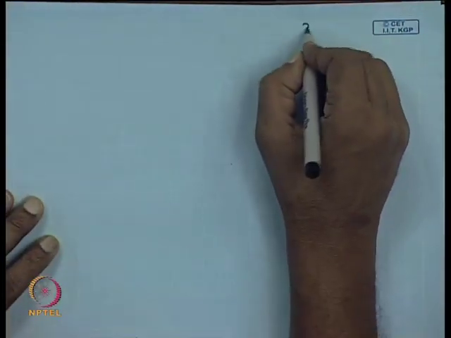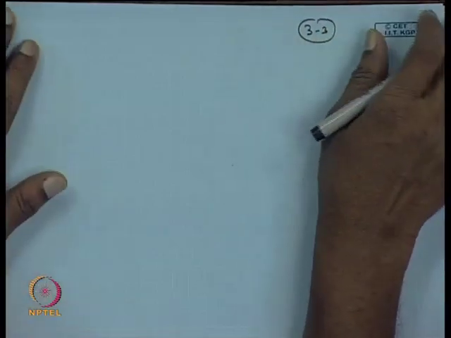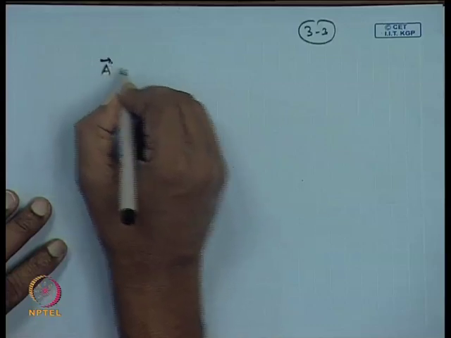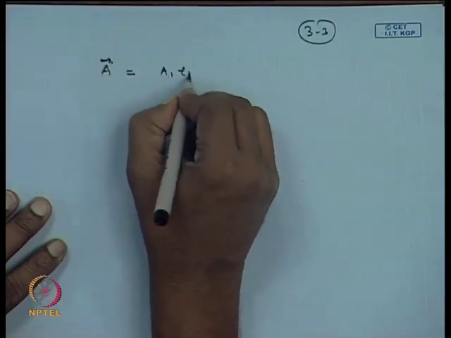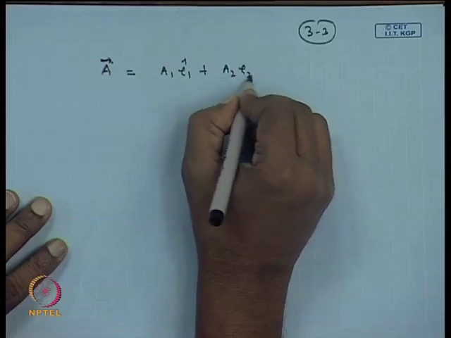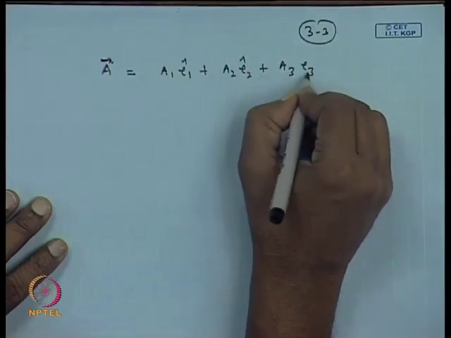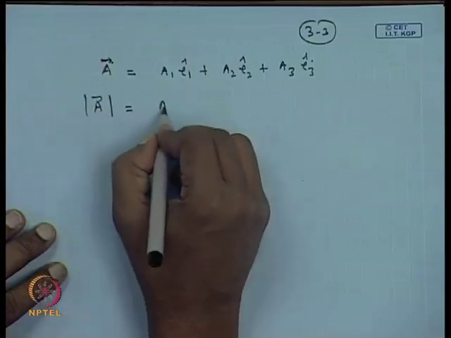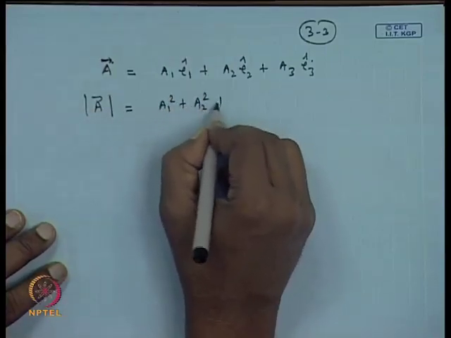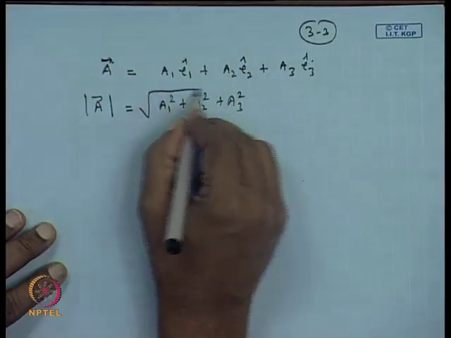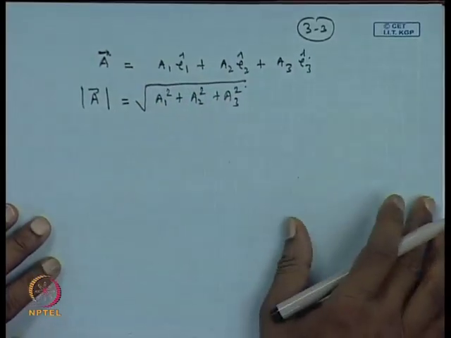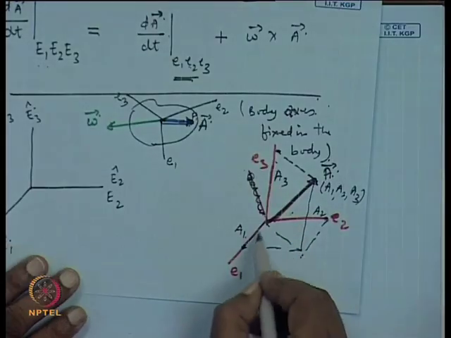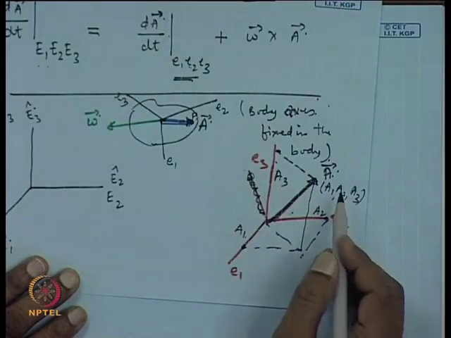Now we can start writing the equation. Let us say the vector A we define as A1 E1 cap plus A2 E2 cap plus A3 E3 cap, where the magnitude of A can be written as the square root of A1 square plus A2 square plus A3 square. Now, this vector has been written in terms of the components along the body axes A1, A2 and A3.